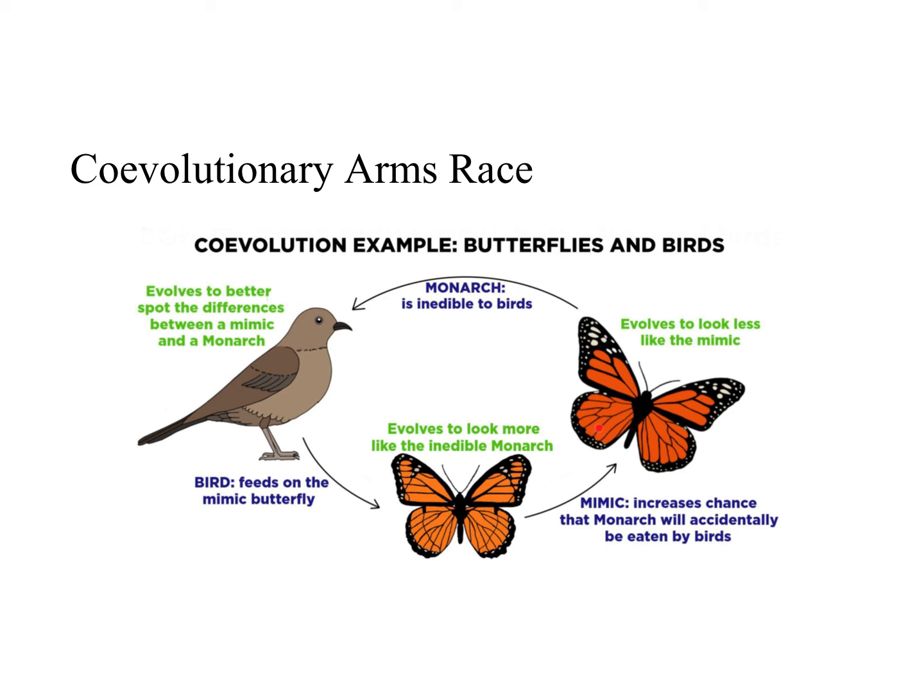Well, the monarch butterfly doesn't like that, right? They don't want to accidentally be eaten. They would like to survive. So the monarch butterfly is going to evolve to look less like the mimicking butterfly. Okay. And then the bird also evolves to become a little bit smarter, if you will, to be able to tell the difference between the monarch and the mimic butterfly, so it chooses the right option to eat.